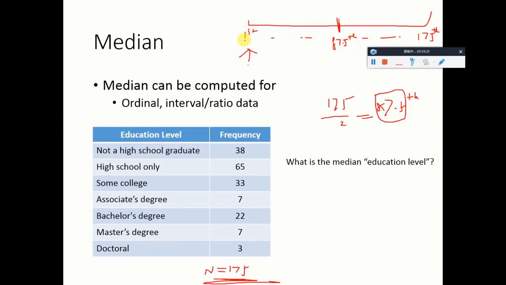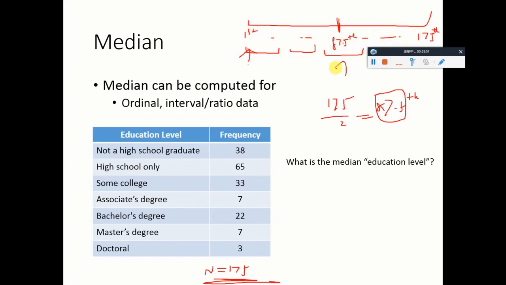And then corresponding to all these participants, we have their education level, right? All these people belong to a certain category, and these guys belong to the second category of education level. And we want to find what is the level of education that includes this particular value that divides the whole sample into 2/2.